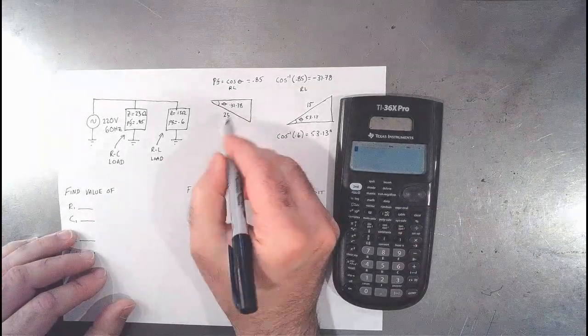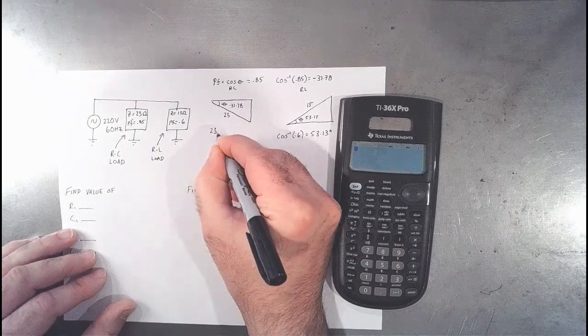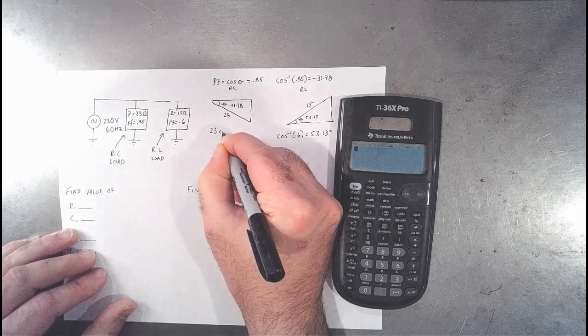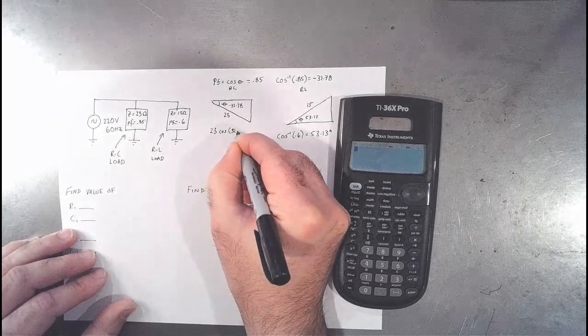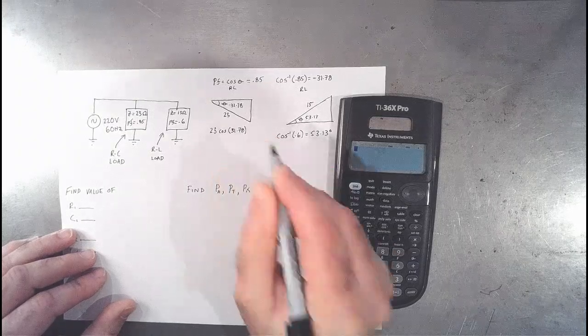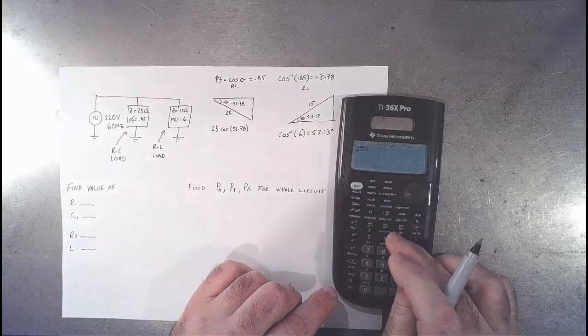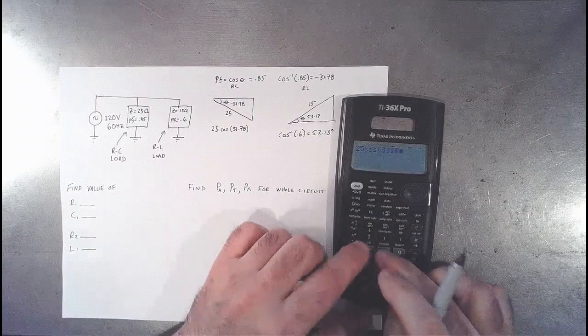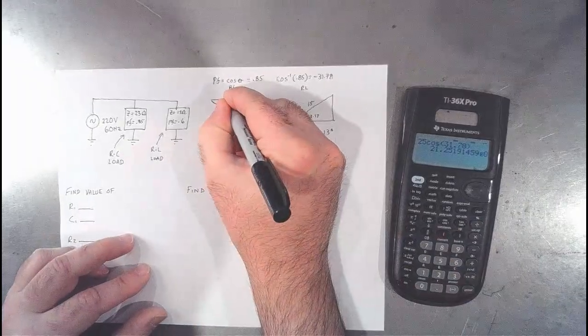To get the adjacent, it's going to be 25 ohms times cosine of 31.78. So 25 ohms cosine of 31.78 gives me 21.25 ohms.